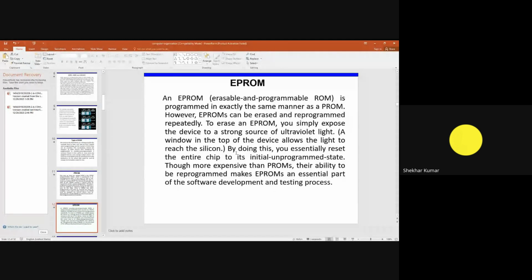In this type of ROM, data can be erased as well as reprogrammed only once. It can store the data approximately 10 to 20 years.